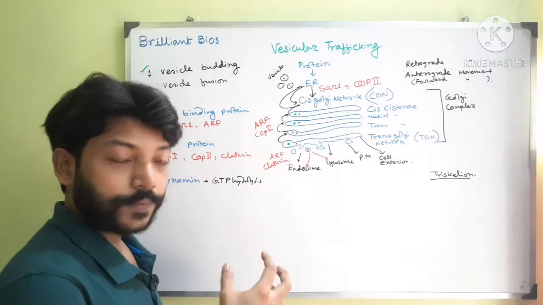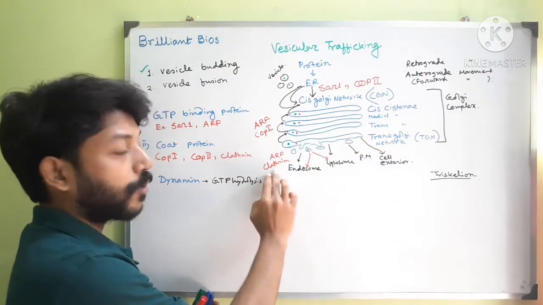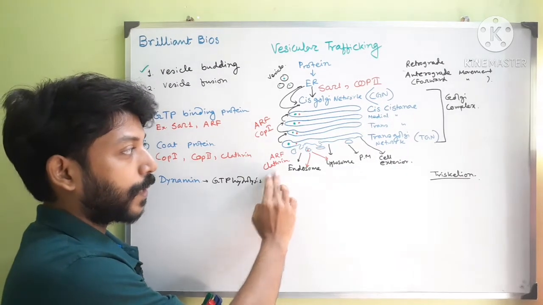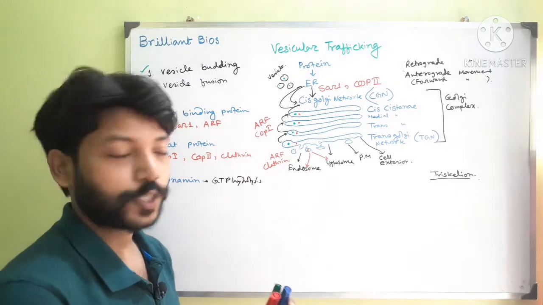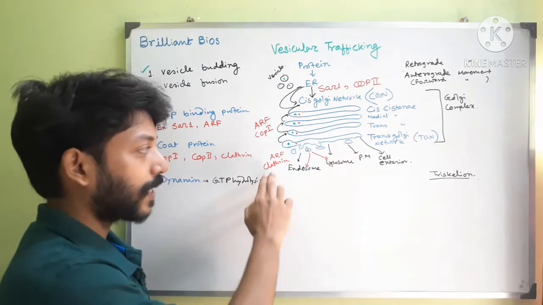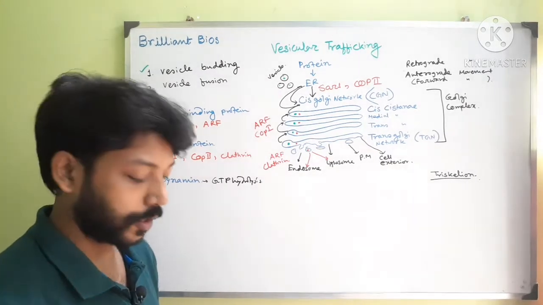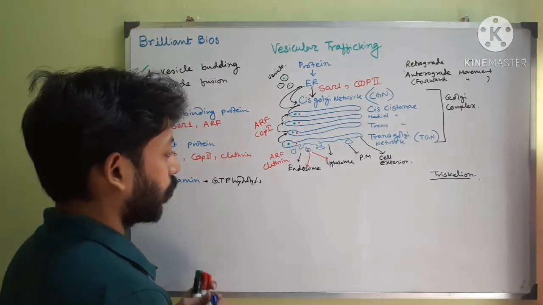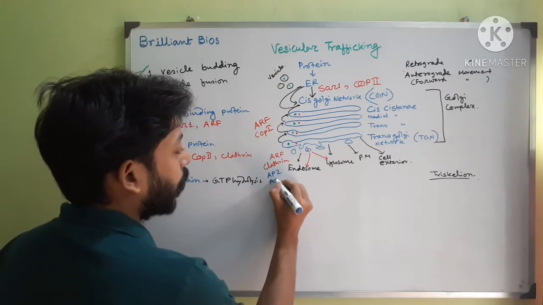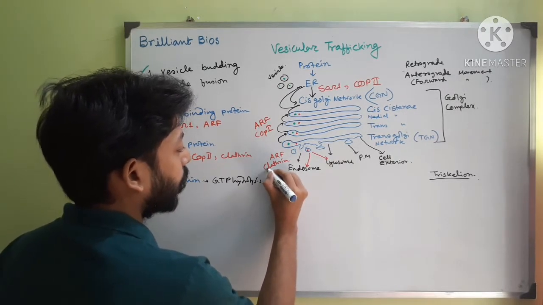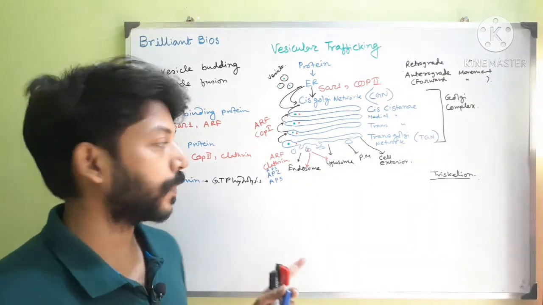When proteins come out from the TGN to the endosome with the help of clathrin, but during direct sorting from the TGN to the lysosome, clathrin is actually not involved, because clathrin requires an adapter protein. We call the adapter proteins AP2, AP3, AP1. So in this way, the clathrin protein requires adapter protein.